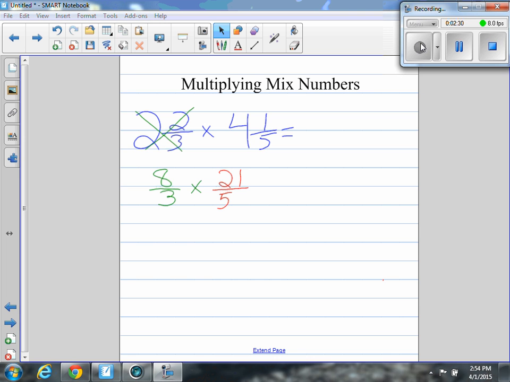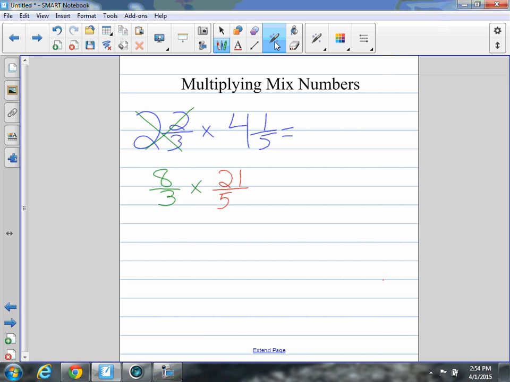The last thing I have left to do is to multiply. And we've already worked with multiplying fractions times fractions. You just multiply straight across. Before I do that, I have a couple big numbers, 8, 21 or bigger. Can I simplify?